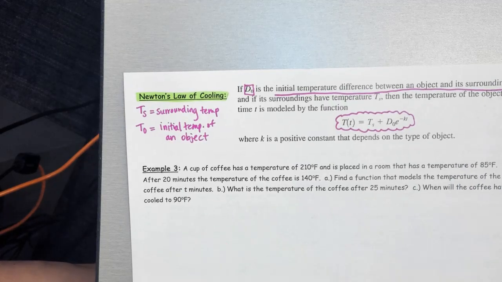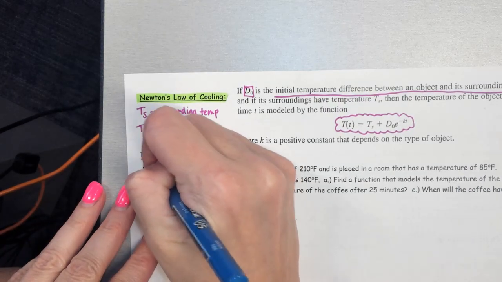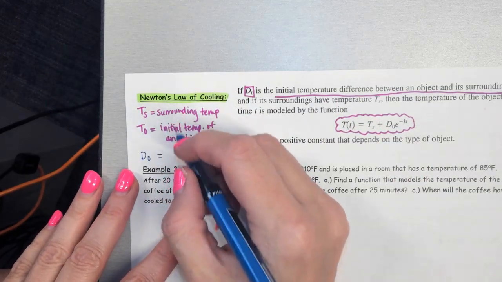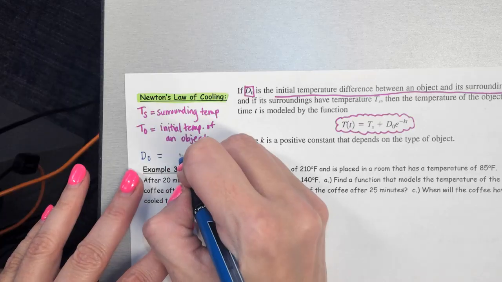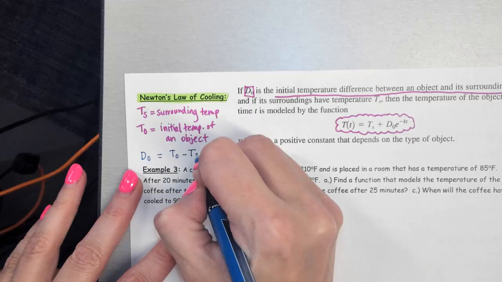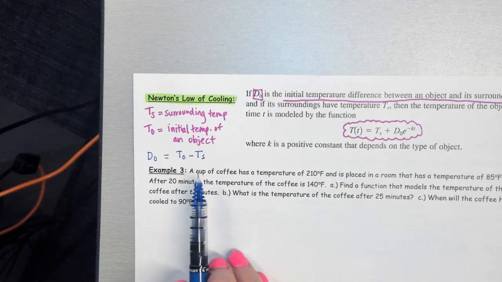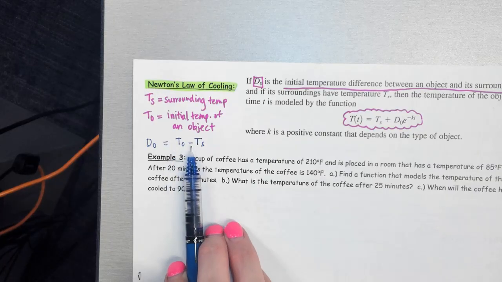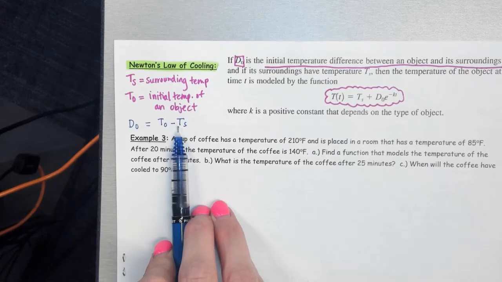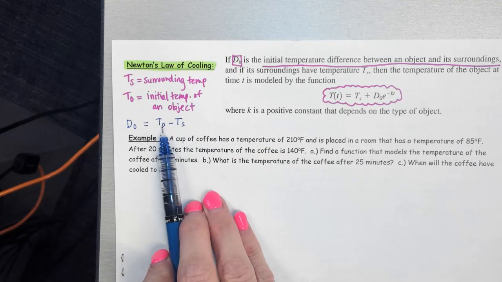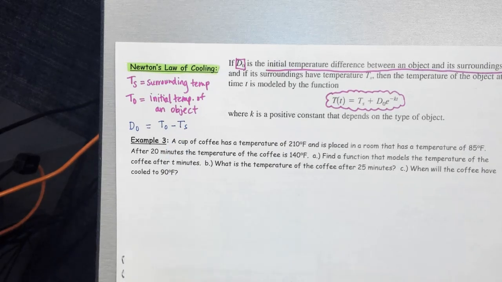So your D sub 0 is equivalent to the surrounding temperature subtracted from your initial temperature. Okay, so you take the temperature difference between the object and the surroundings. So it's very rare that they'll say, oh, your D sub 0 is this. Instead, they'll give you the initial temperature and the surrounding temperature.